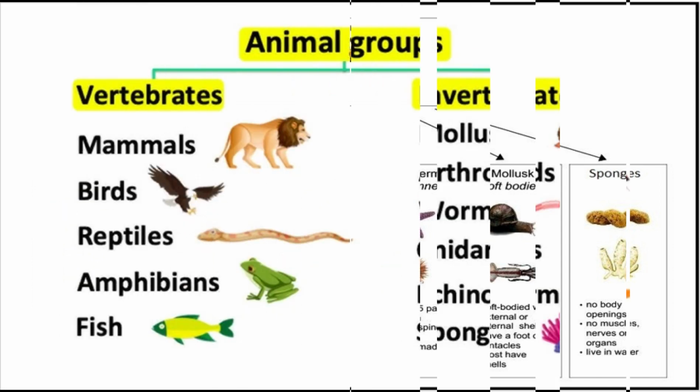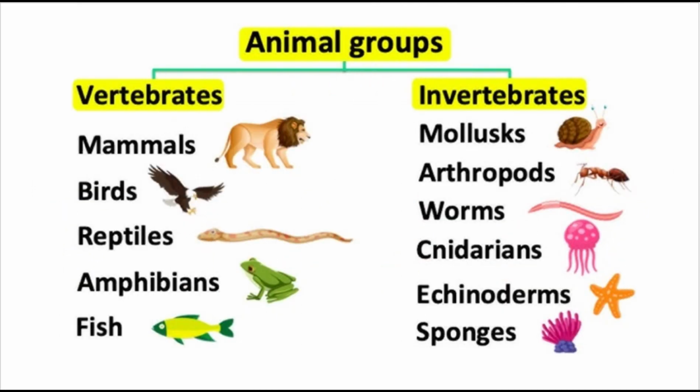Getting written? Till now, we have discussed the classification of living organisms. First thing we discussed, what is classification? Classification is grouping of organisms on the basis of their similar characteristics. Then we discussed that Aristotle divided organisms into two main groups, plants and animals.